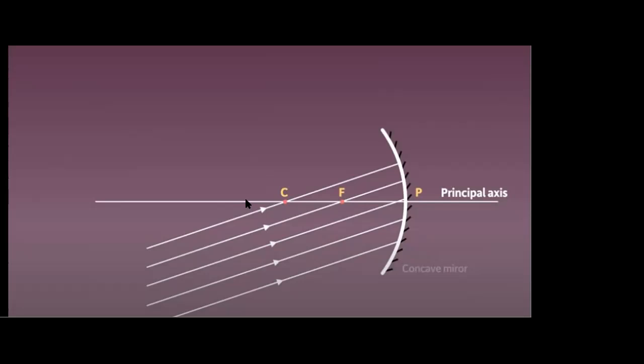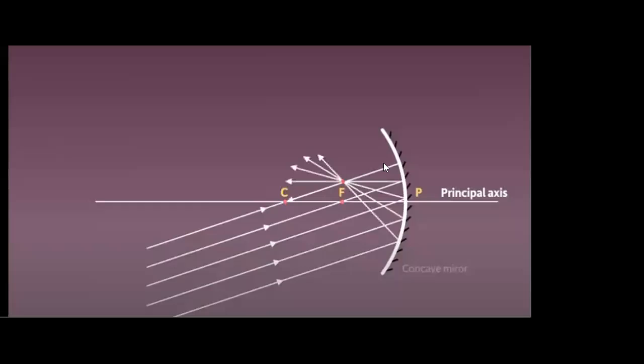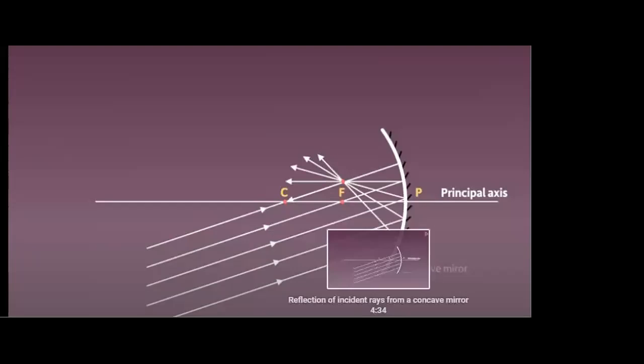So I can say all the rays which pass through the center of curvature will be reflected back to the center of curvature. Think about it. So this is the center of curvature and this is reflecting back to the center of curvature. Step by step.